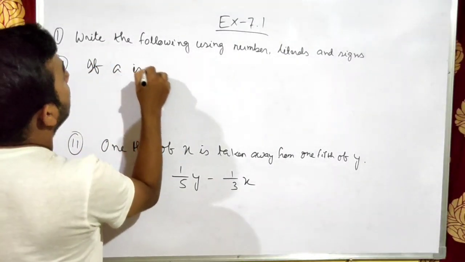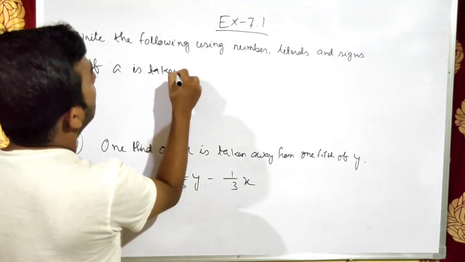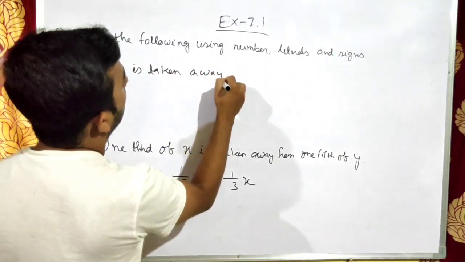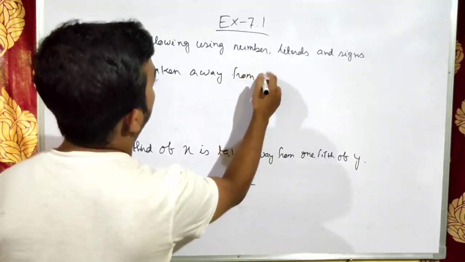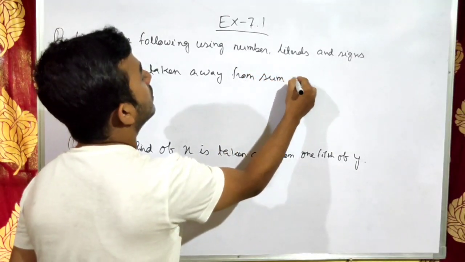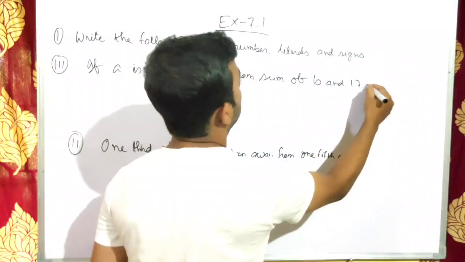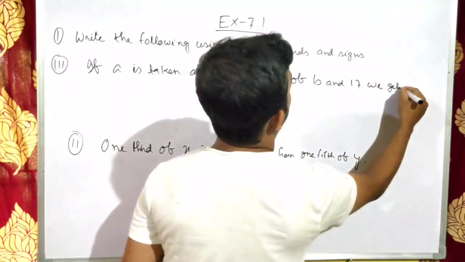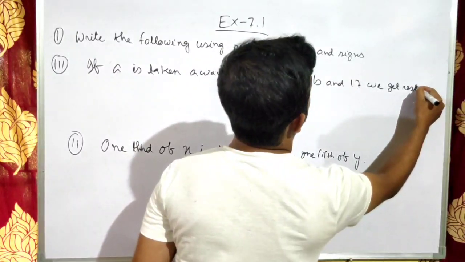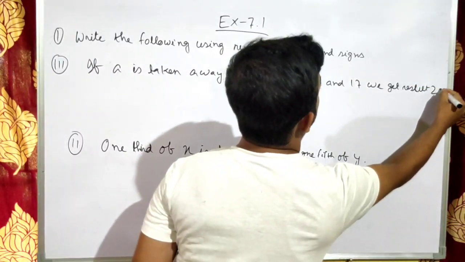If a is taken away from the sum of b and 17, we get result 21.